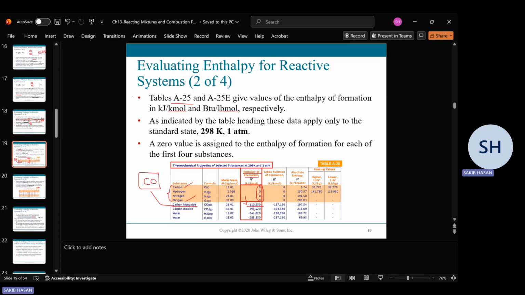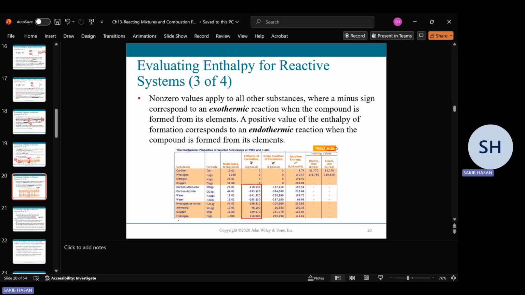As you can see, it's very small, but I hope you can see the negative sign that's there. And this is the standard that we use. Whenever you have an exothermic reaction, you use a negative sign to indicate that energy has been released.